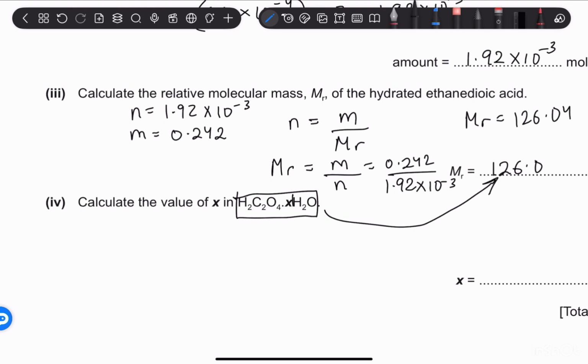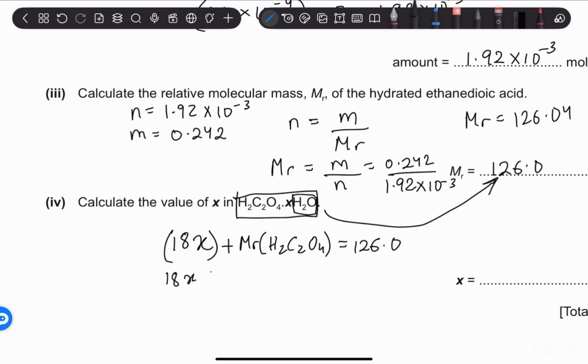The molar mass of water is actually 18. So what we have is 18 times x, plus the molar mass of H2C2O4, is equal to the total, which is 126.0.